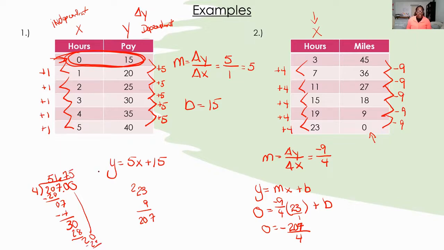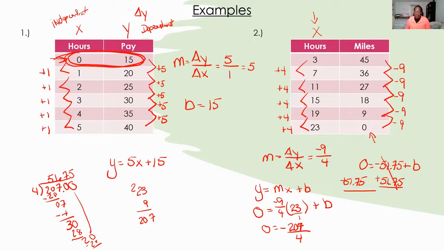So we're looking at 0 equals negative 51.75 plus b. Okay, so now I have to add the 51.75 on both sides. So that means my y-intercept is actually going to be 51.75.